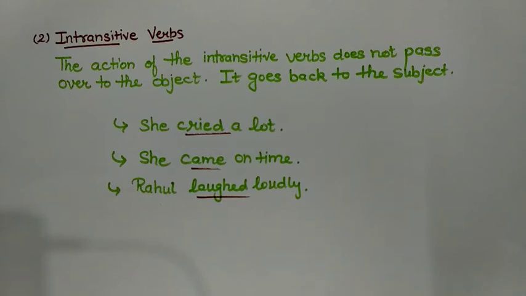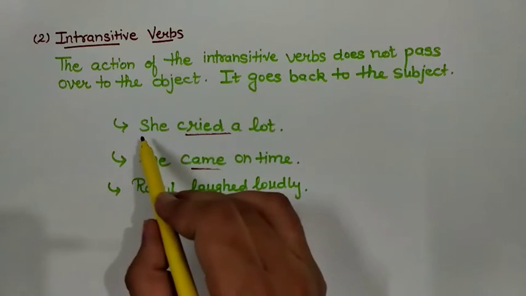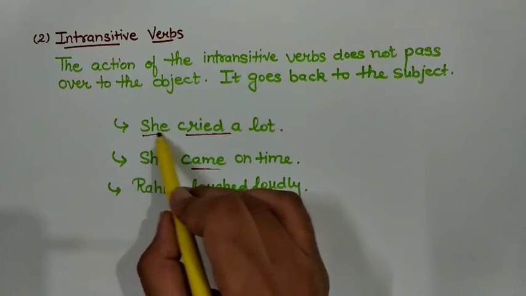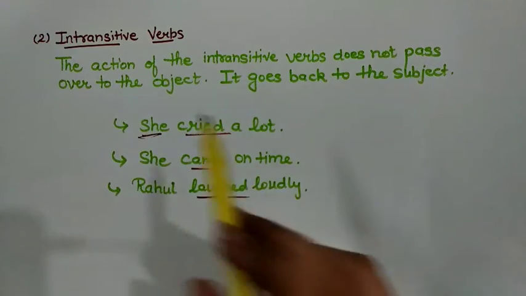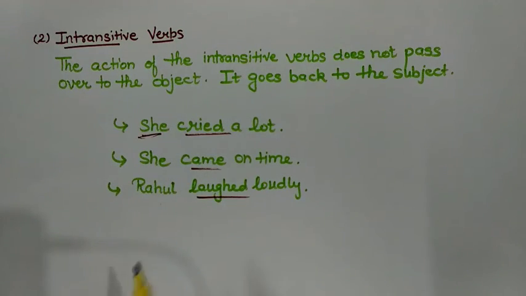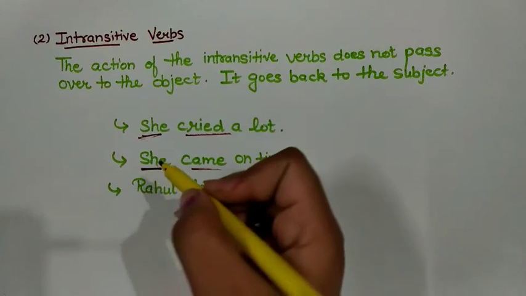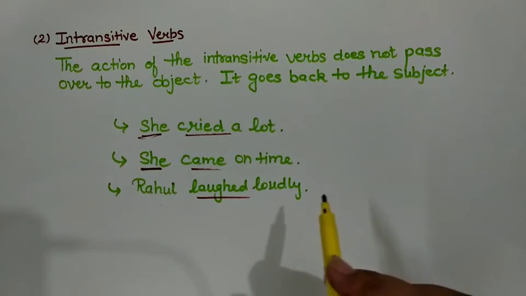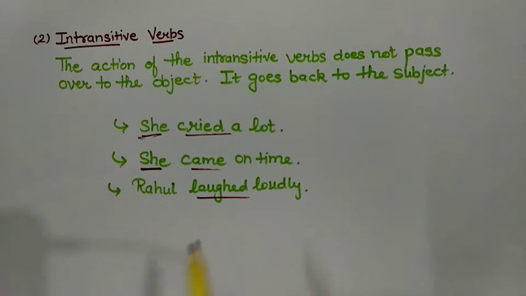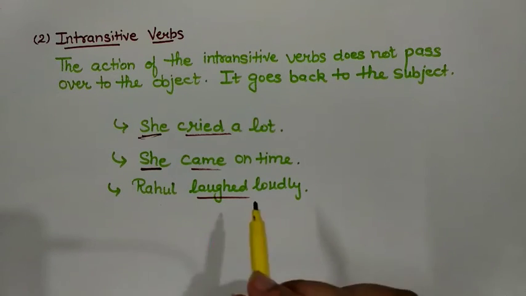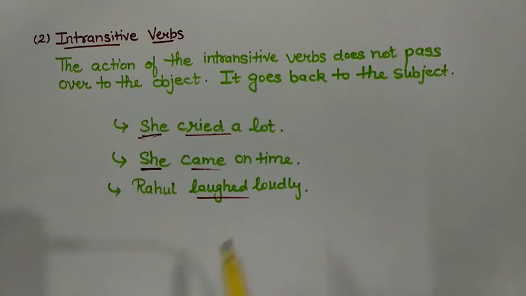No. The impact of the verb is going back to the subject. Who was crying? The subject, she. She came on time. Again, the subject is she and there is no object in the sentence. Rahul laughed loudly. Again, in the sentence, there is no object.